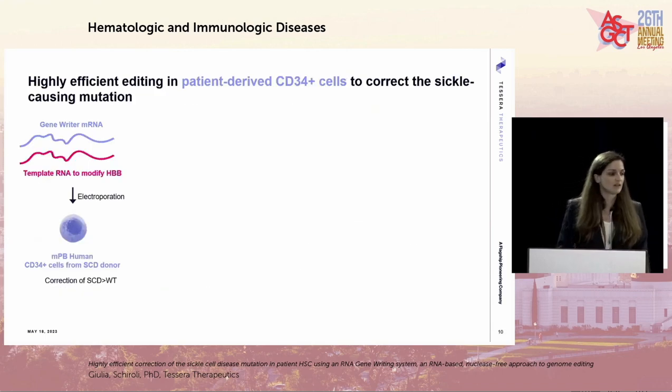Thanks to a fantastic collaboration with the Boston Children's Hospital, we also were fortunate to have access to sickle cell disease cells. In this case, we are not introducing anymore the Makassar variants, but we are actually correcting the sickle mutation back to wild type.